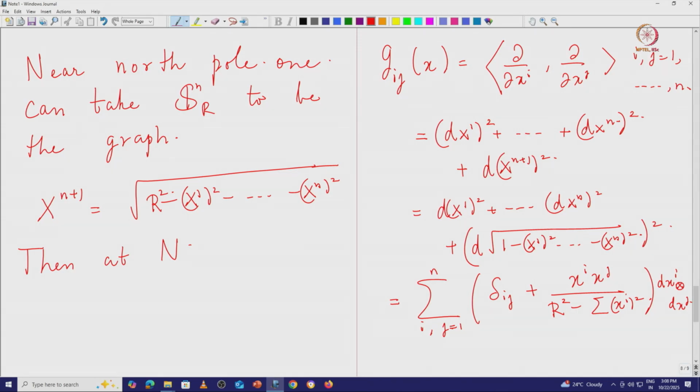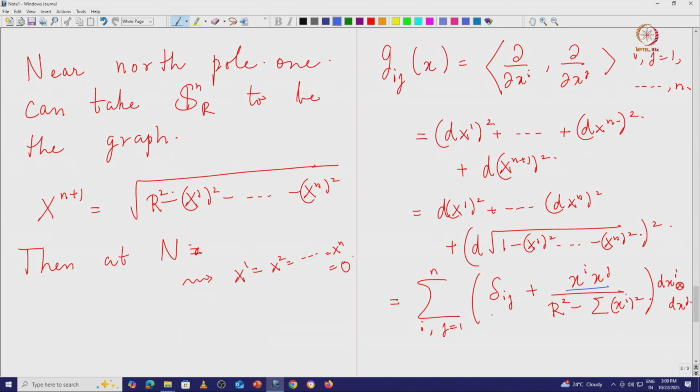So now remember the north pole corresponds to the point where x1 is 0, x2 is 0 etc. and xn is 0. So that means if you plug in xi and xj equal to 0, then the metric at the north pole is precisely the Euclidean metric.